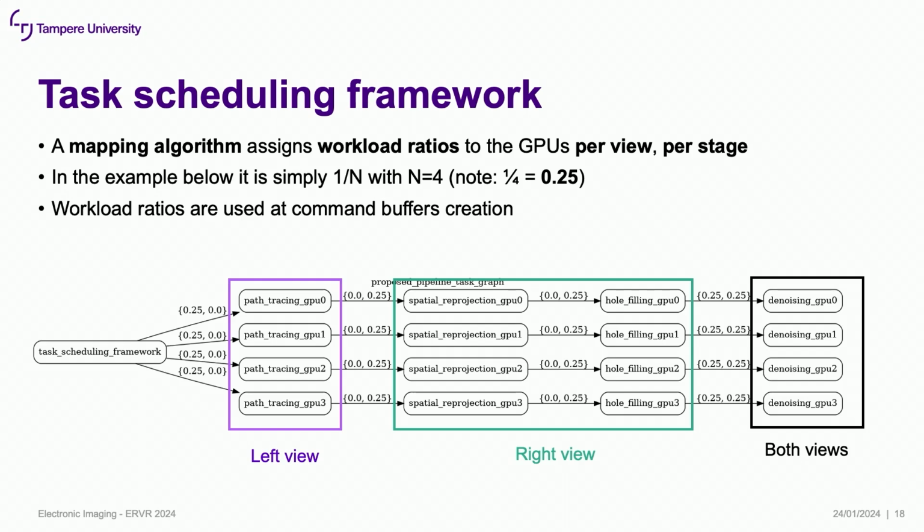Then if we continue on the right, we have 0.5 for the value on the right, which means we will only spatially reproject the pixels in the right view, so only 1/4, and so on with the whole thing. Then in the end, we have two values just before denoising for the left and the right side. So it means that we will just denoise the two views here.